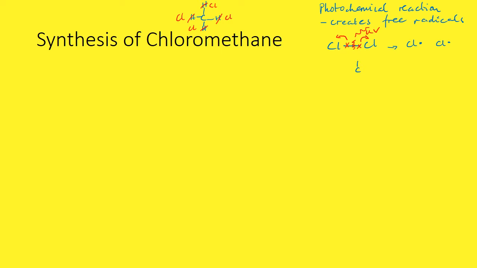So if you had CH4 and you used a bit of sunlight to break this bond here, you would get CH3, one of those electrons goes back to stay with the carbon, and you would get CH3 as before, but you would have an unpaired electron which we draw as a dot like that, and that would be a CH3 free radical.